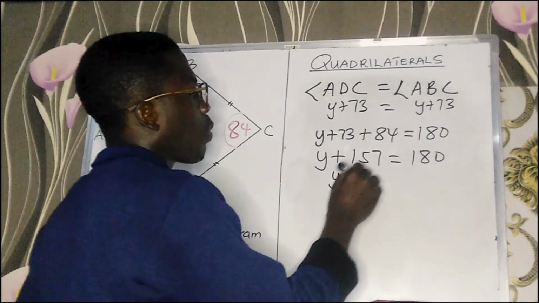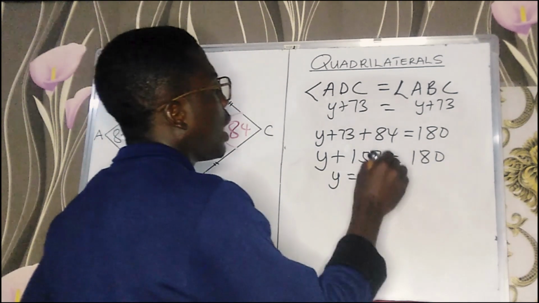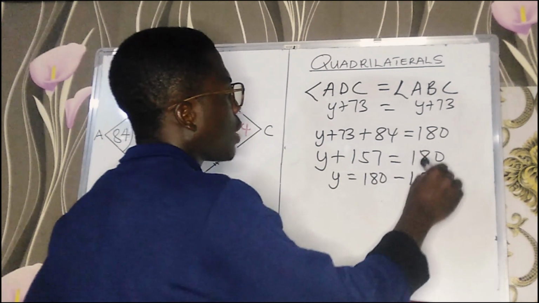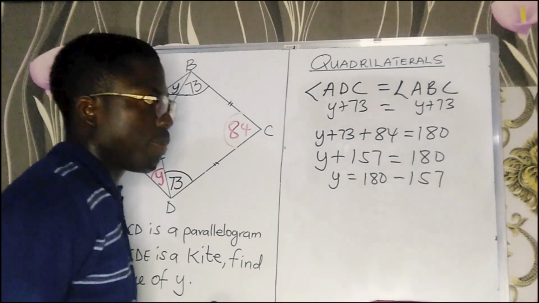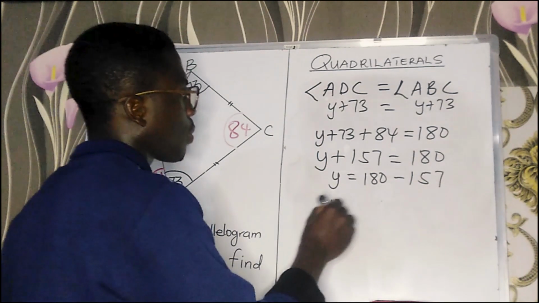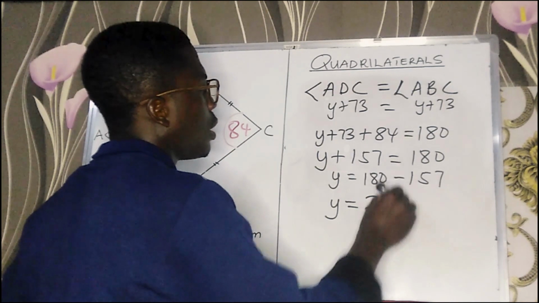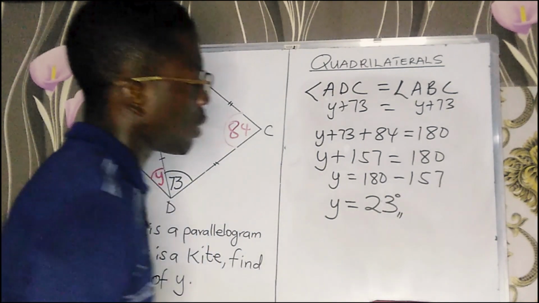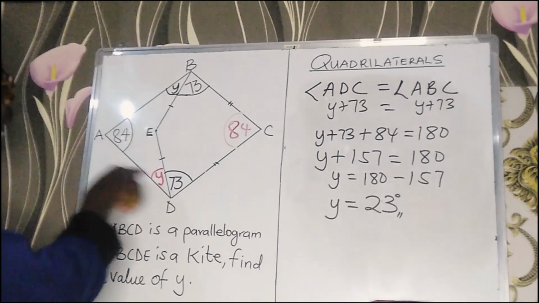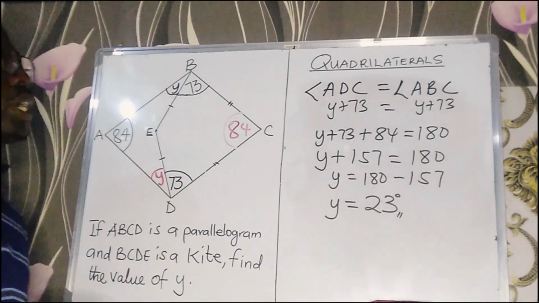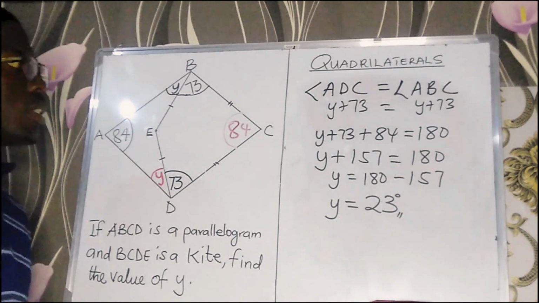So our y will be equal to 180 less 157 degrees, and then our y will be equal to 23 degrees.